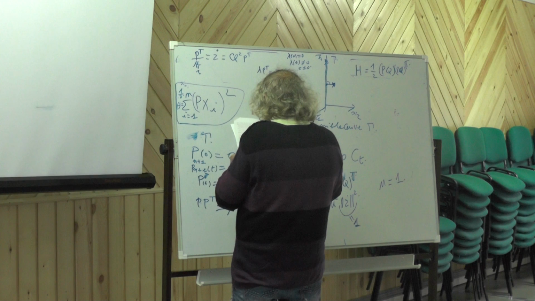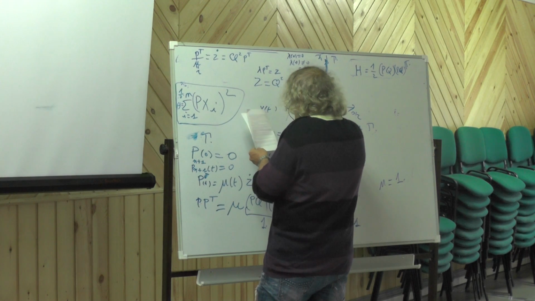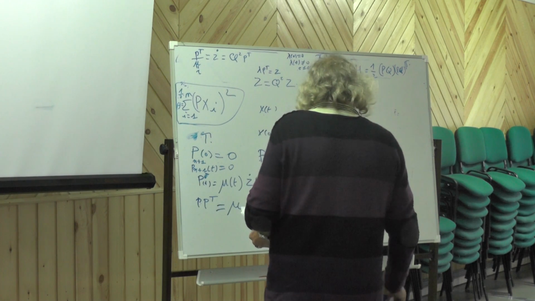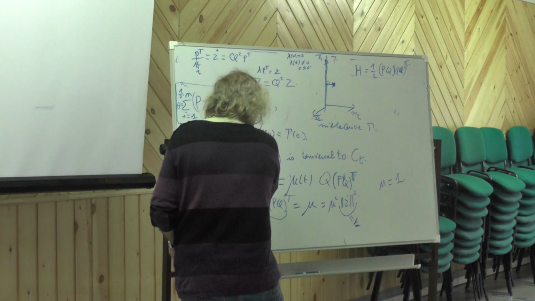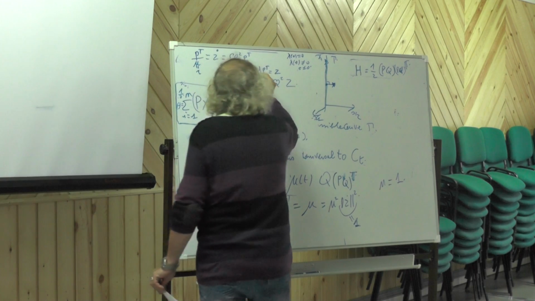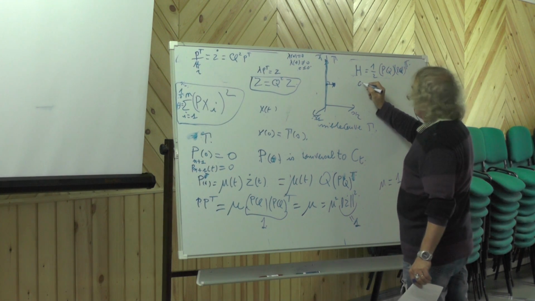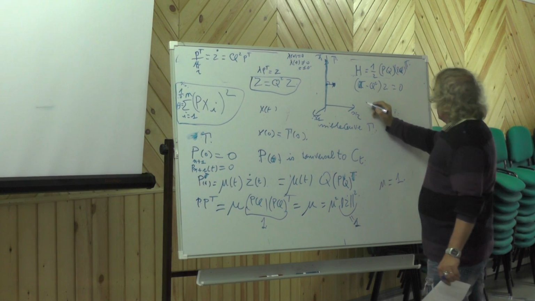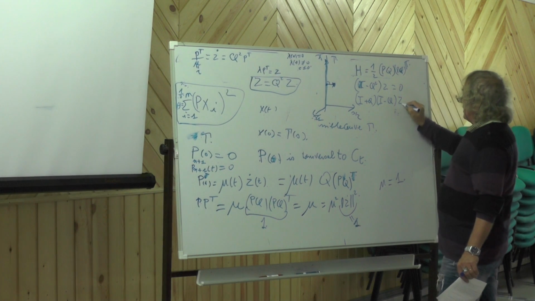And if you apply this, what do you get? You get that Z is equal to Q square Z, just here, because mu is equal to 1. And Q square, because Q is symmetric, then you get Z is equal to Q square Z, which means that identity minus Q square applied to Z is equal to 0, which is identity plus Q times identity minus Q applied to Z is equal to 0.